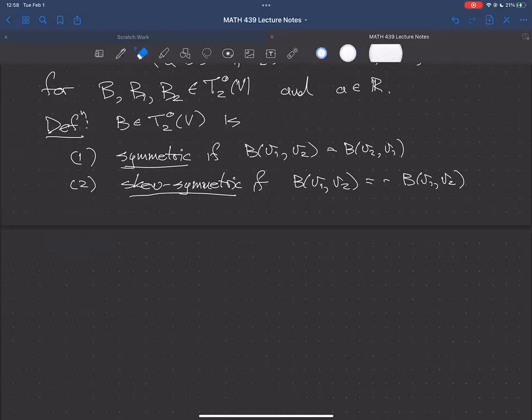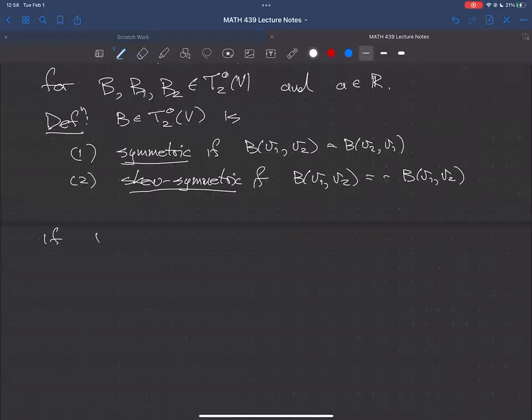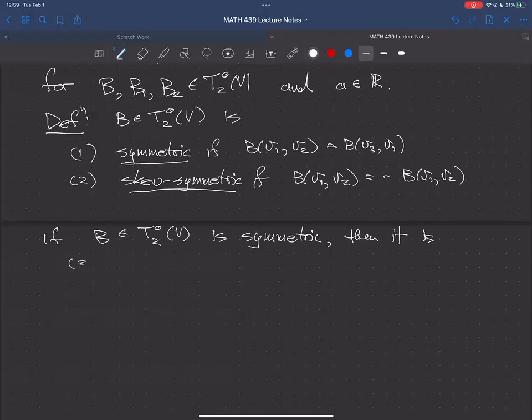So let me do it like this. If B is symmetric, then there are additional attributes you can talk about, which are definiteness attributes. Positive definite means this, and this is probably terminology that you've seen before.